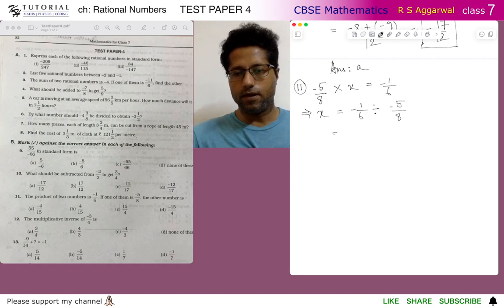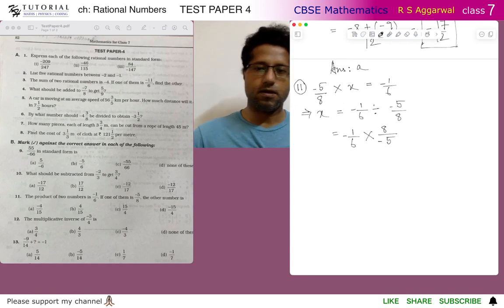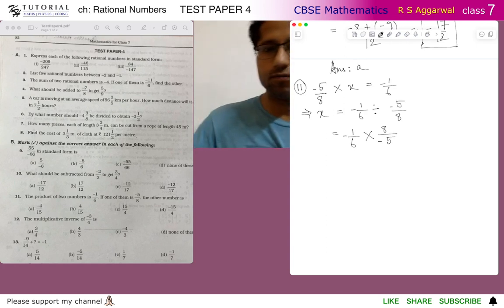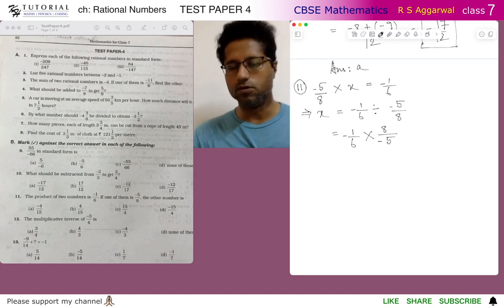Now dividing a rational number means multiplying with its reciprocal. So this will be multiplied by the reciprocal of minus 5 by 8, that is 8 by minus 5. Now we have to convert the rational number 8 by minus 5 to standard form so that the denominator is positive.